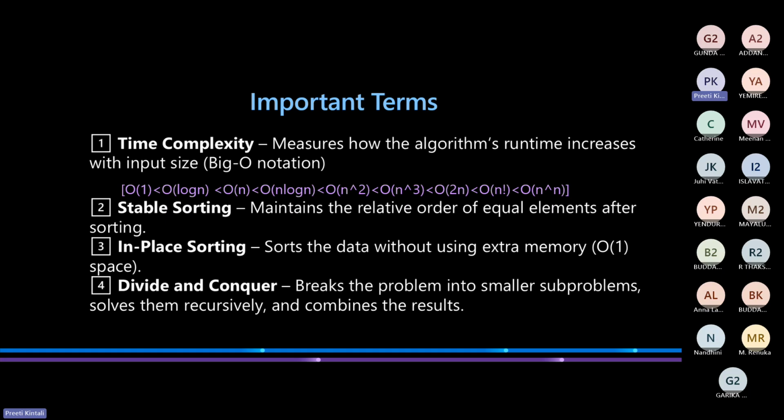Now the second important term is stable sorting. It maintains the relative order of equal elements after sorting. So if we have two equal elements in the array which we are going to sort, and the two elements are still in the same order after sorting, then it is called stable sorting.